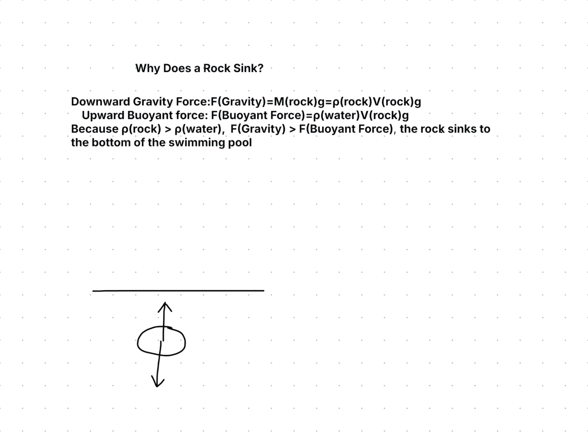The gravitational force going downward is the mass of the rock times g, which is the density of the rock times the volume of the rock times g. The buoyant force is given by the density of the water times the volume of the rock times g. Because the density of the rock is much greater than the density of water, the gravitational force is much bigger than the buoyant force going up. The rock sinks to the bottom of the swimming pool.